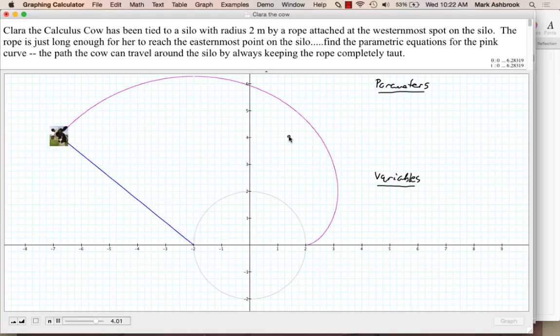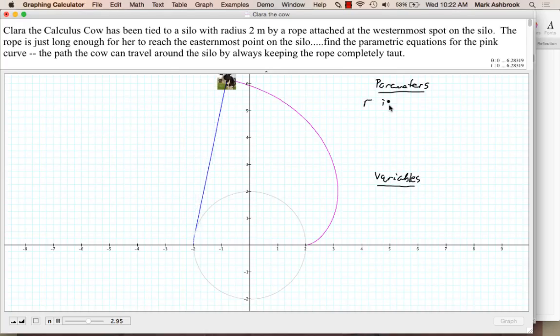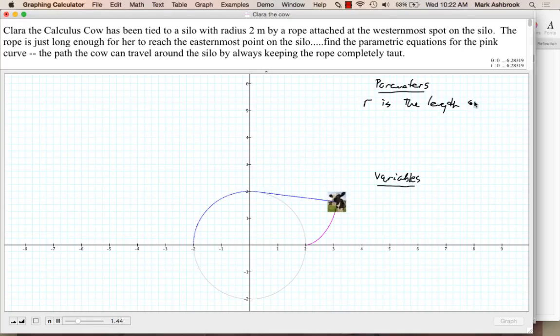A parameter is a letter. So tell me again, what is it? R is the length of the rope. Have I made my point? I'm not mad. I just want you to learn. Okay. R is the length of the rope.